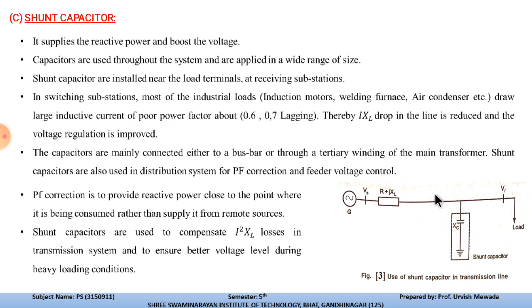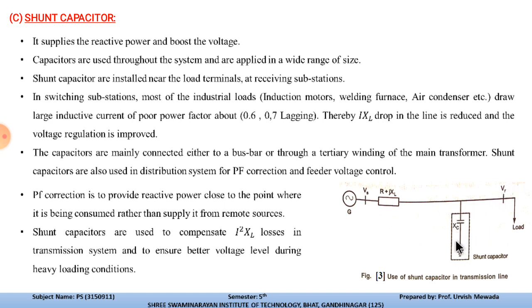The shunt capacitors are also used in distribution systems for power factor correction. If we place this shunt capacitor bank wherever we require, we can increase the power factor of the transmission line and correct the power factor of the feeder.